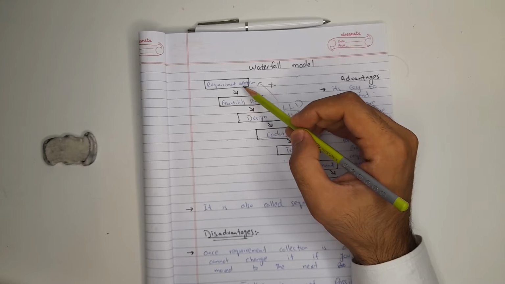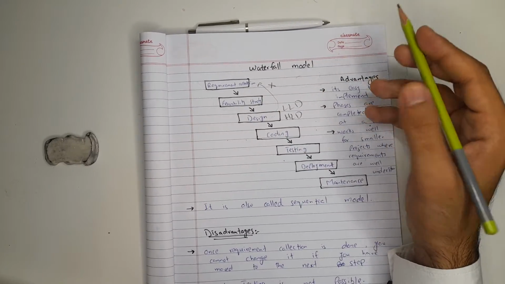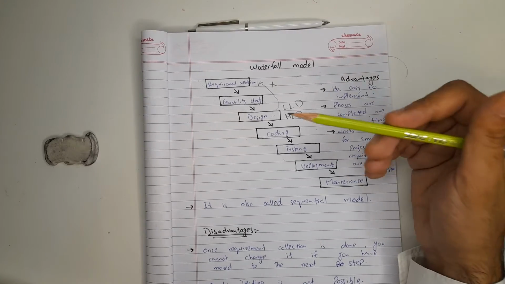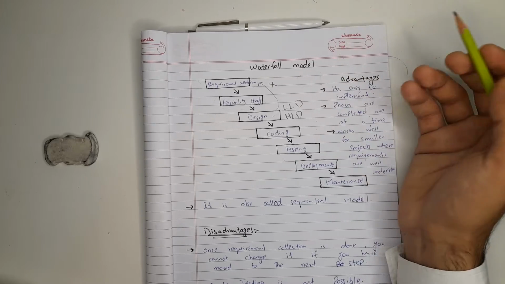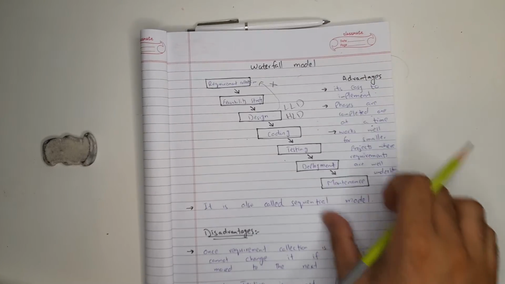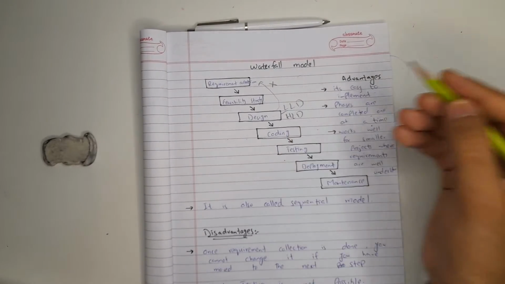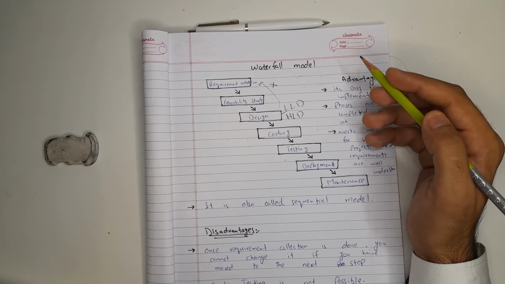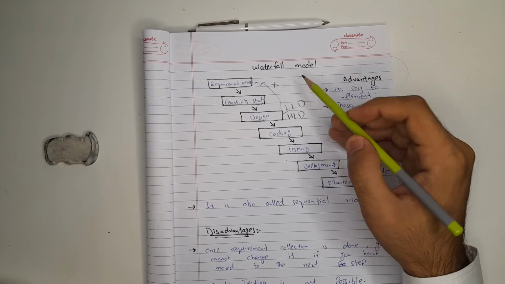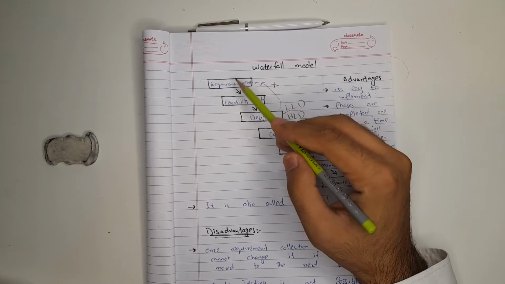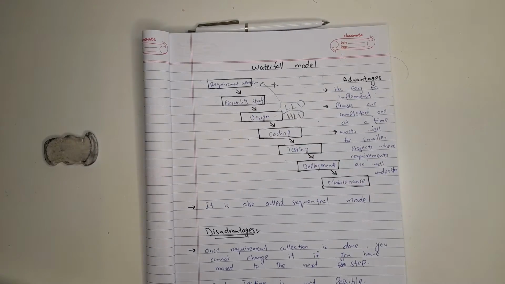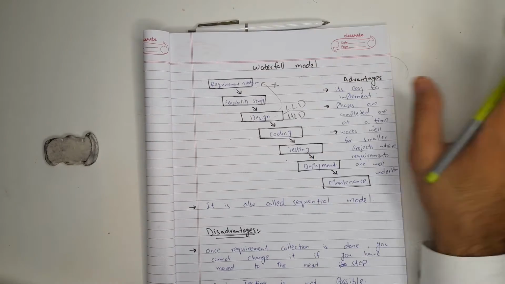Let's say the customer, or your client, has given you the features or requirements that he or she needs for the application, and you have started the process and are in the design phase, and the customer wants to add some more features. You cannot do that, because for that, you have to go back to the requirement collection, and then again do the feasibility study, and again do the design, coding, and so on. So you cannot go back. Once the requirement collection is done, you cannot change it.